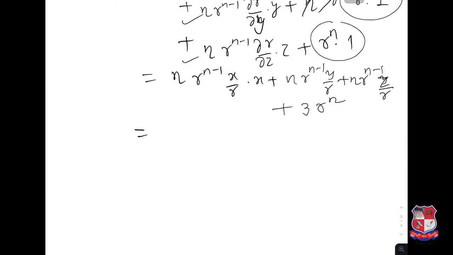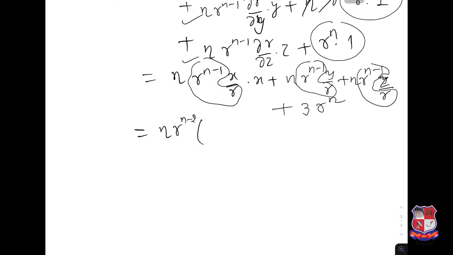This is equal to n r power n minus 2, here also r power n minus 2, here also r power n minus 2 can be taken outside. So n r power n minus 2, and inside we are having x square plus y square plus z square.